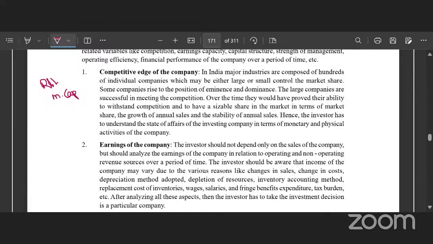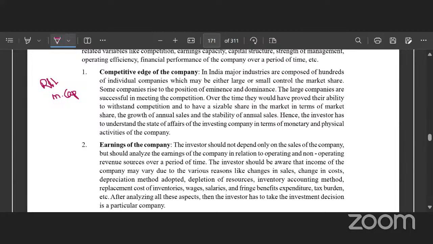To understand what is meant by the competitive edge of a company: it is the advantage a company has in relation to its competitors. Most industries consist of a number of companies. Suppose you take the IT industry, we have a huge number of companies. In the FMCG industry too, we have many companies.